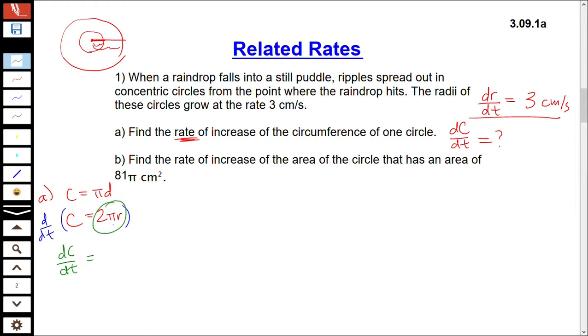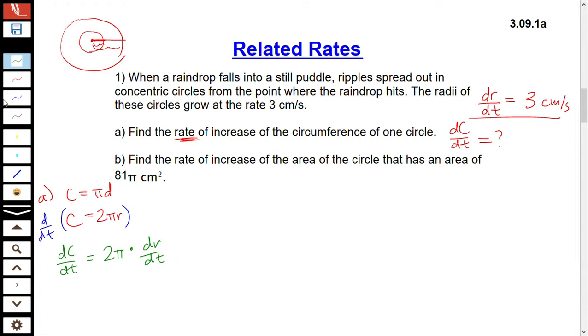And now I've got to derive this. So r here is our variable. 2 pi, they're both constants because they're values that don't change. So how do you derive this? First you derive this normally as you're deriving the r. And if you have something like 2x, you just get rid of the x. So this is going to be 2 pi. But because these letters are not the same, now I've got to attach dr over dt.